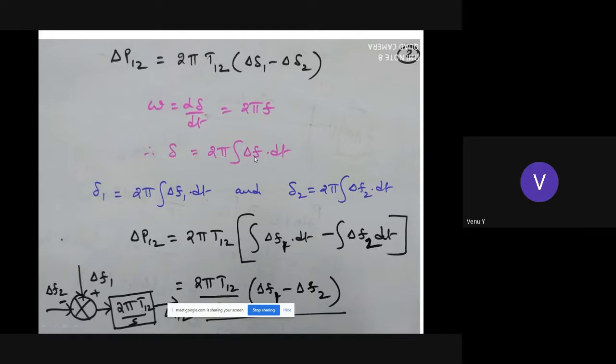So therefore delta is expressed in terms of frequency as 2 pi integral of delta f dt, and this is nothing but delta 1 equal to 2 pi integral delta f1 and delta 2 equal to 2 pi integral delta f2. So from which you can understand 2 pi T12 times integral delta f1 minus integral delta f2. So it can be expressed as 2 pi T12 by s into delta f1 minus delta f2.